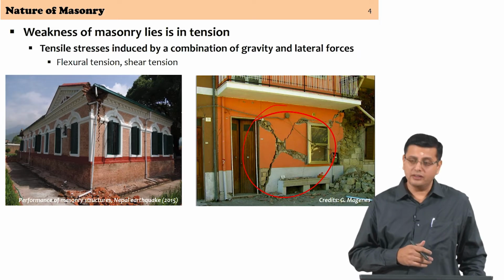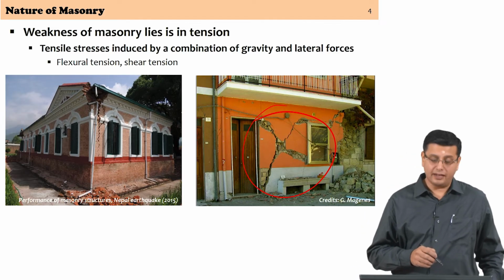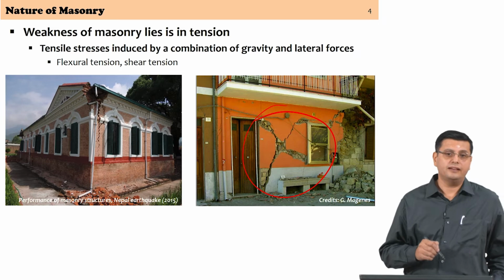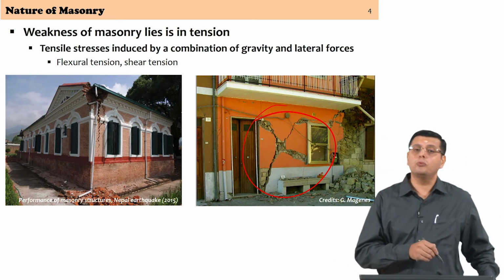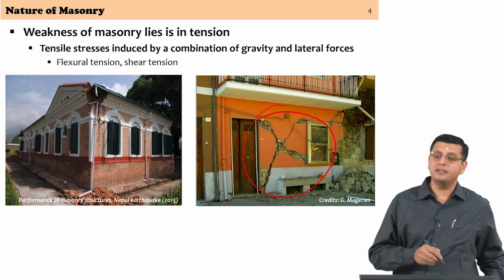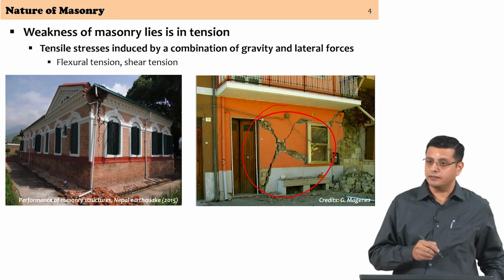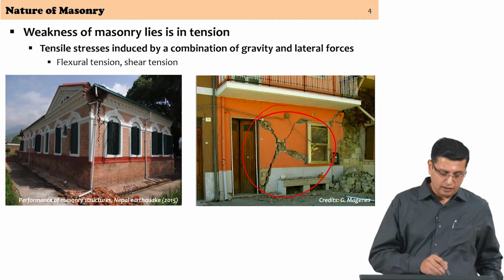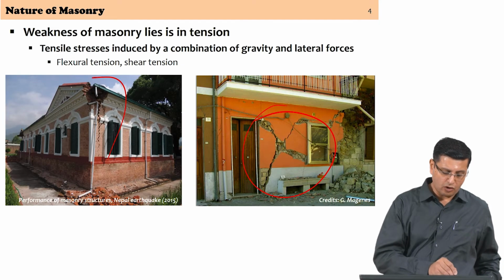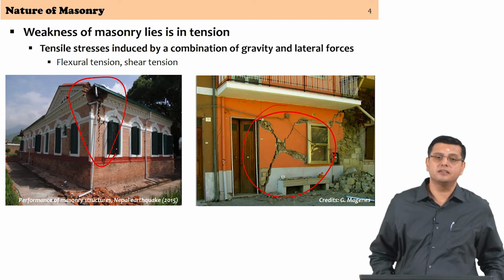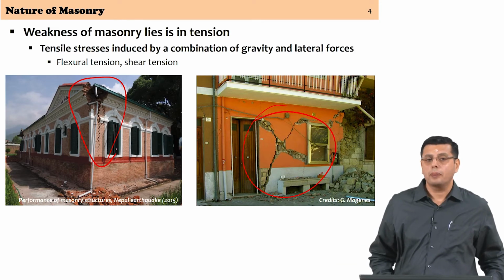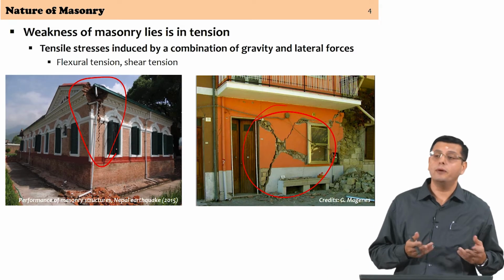The figure on the left has another story to tell you, and this is not so much about masonry having low tensile strength, but an important aspect of existing masonry structures, which is poor connections between the structural load bearing walls.